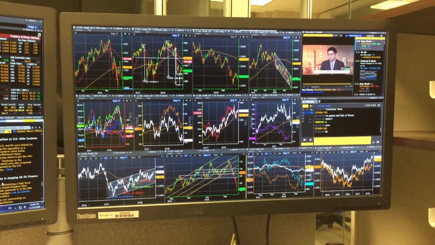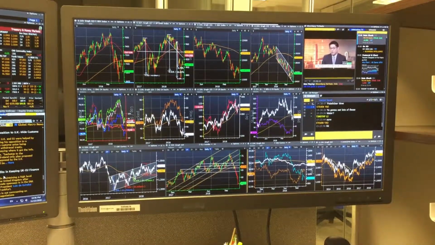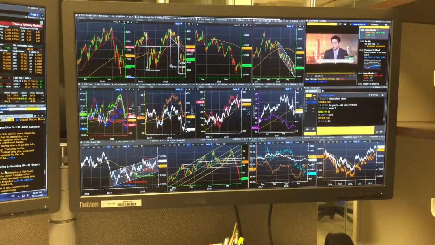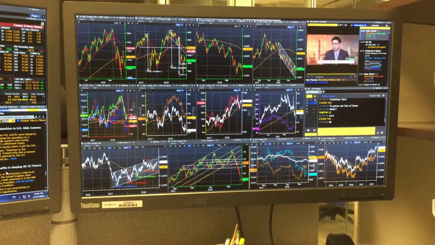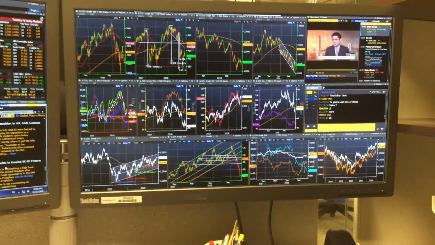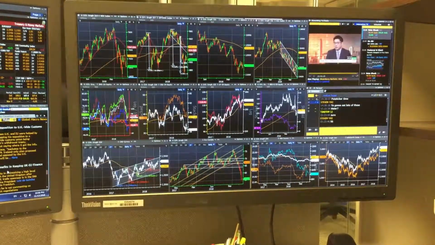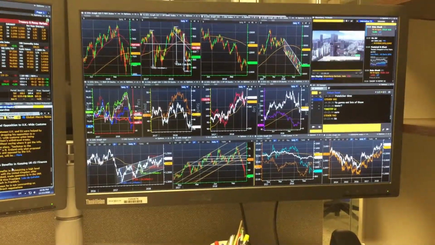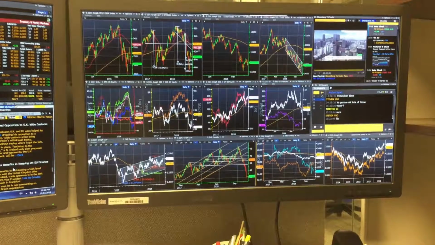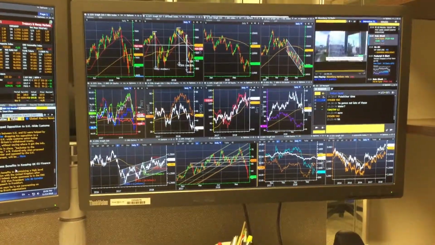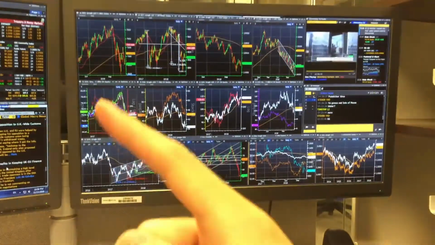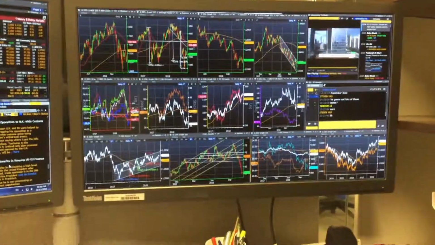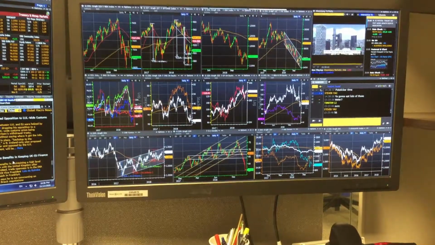In the middle row, my charts are for specific companies and their peers or competitors. I like to monitor how competitors are doing against each other. Just because a whole industry is down doesn't necessarily mean that one stock is down more than the other. For example, on the very left, that's my coverage of all the Canadian banks, monitoring how they're doing against each other.